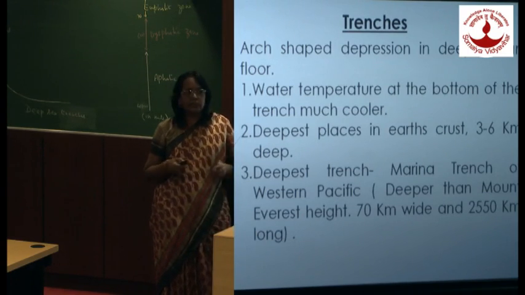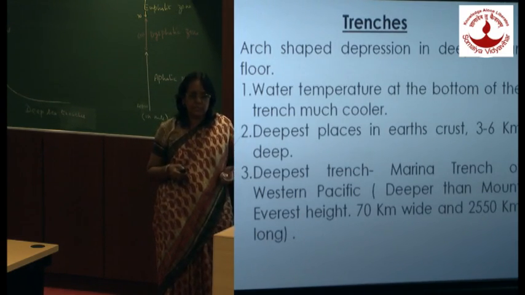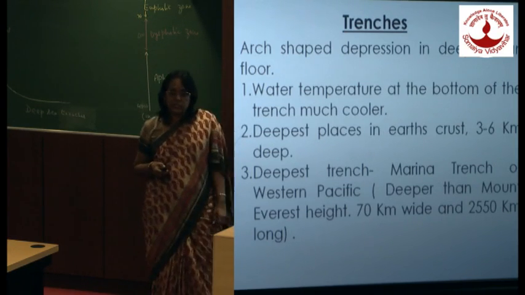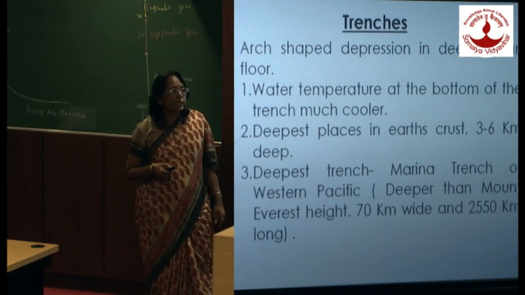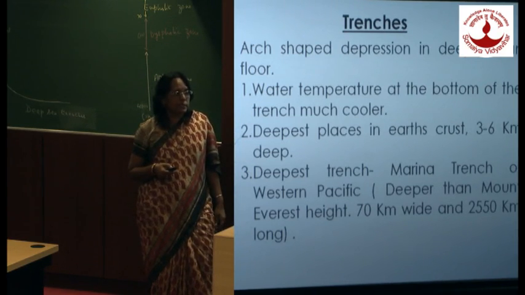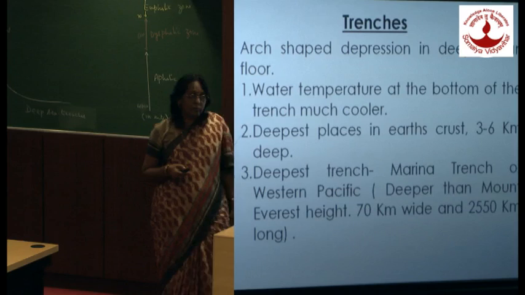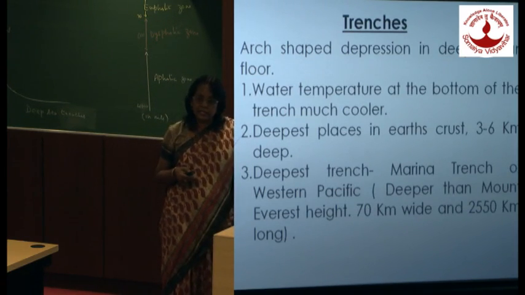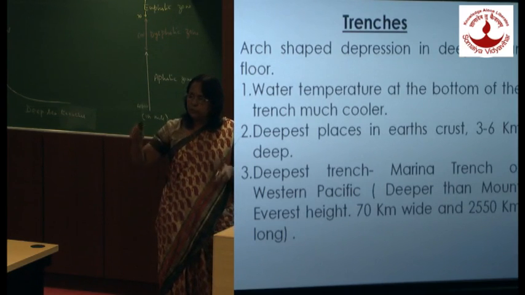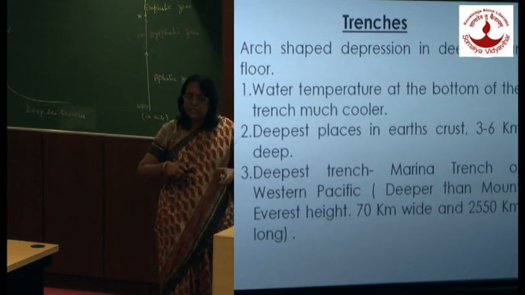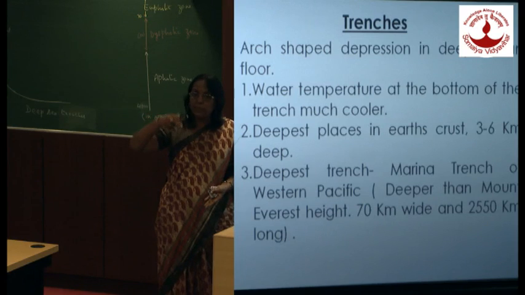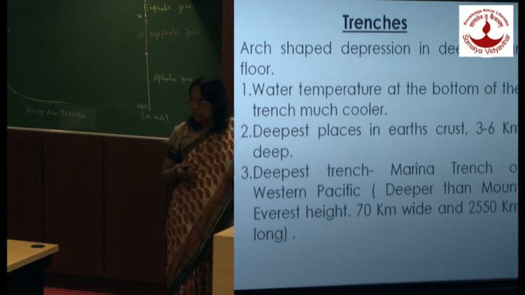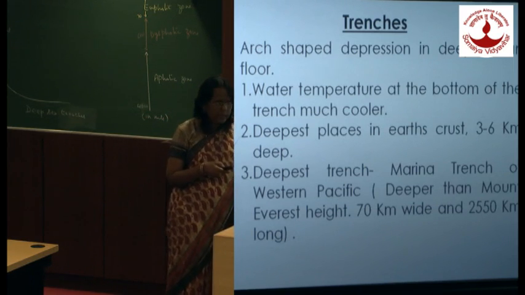Now you can imagine how deep that is. The deepest trench that we have is the Mariana Trench in the Western Pacific. It is much deeper than the height of Mount Everest. That means if you put Mount Everest into that trench, there will still be a lot of gap remaining. So you can imagine the dimensions of that trench, which is known as the Mariana Trench.